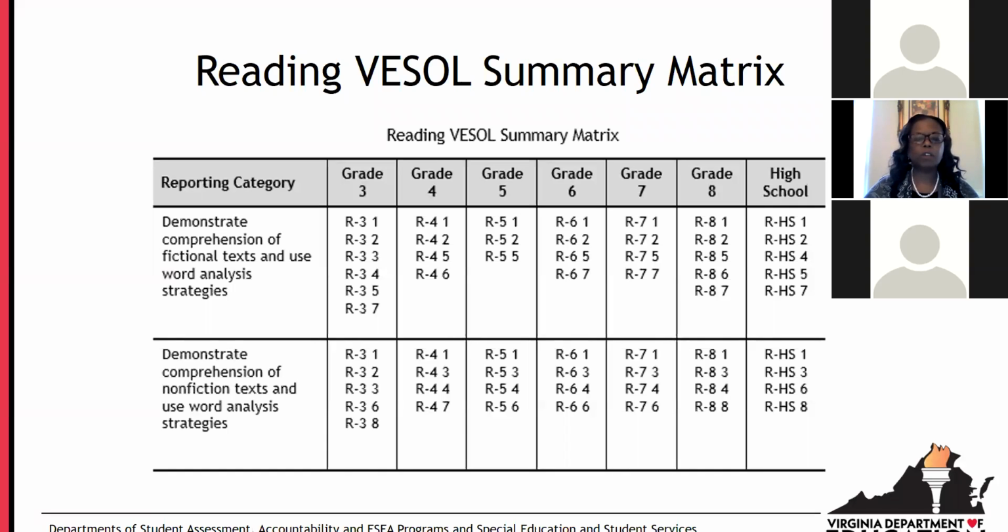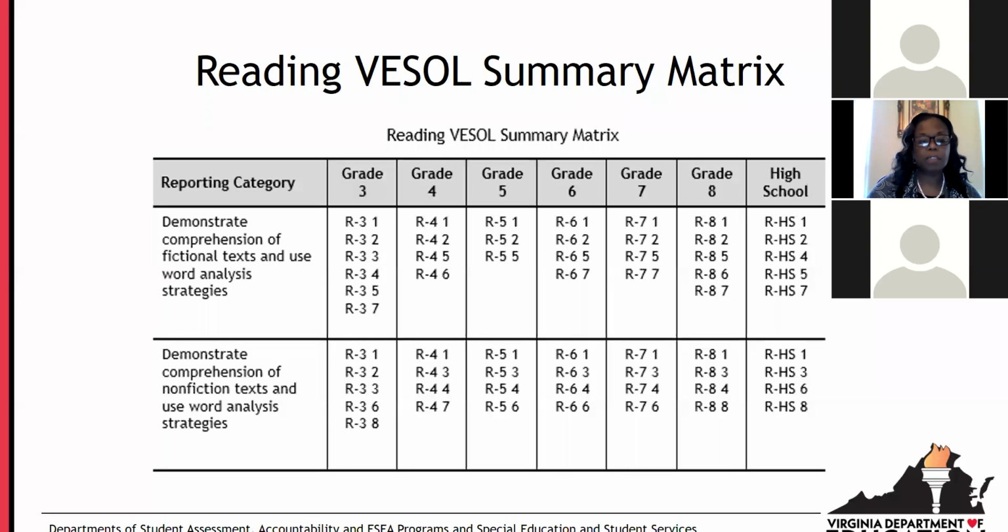And then if you start to look to your right, you'll see the VESOLs grades 3 through 8 and high school. If you'll notice, for example, in grade 3, the way the VESOLs are laid out for reading, there's 6 VESOLs that are going to focus on the fictional text and use of word analysis strategies.